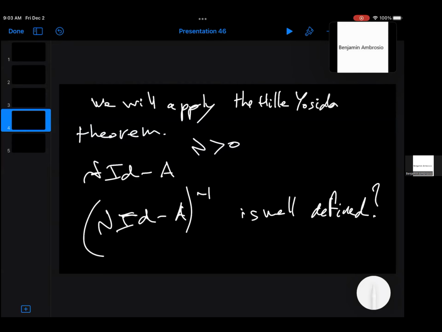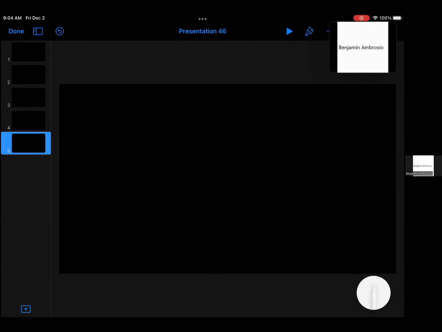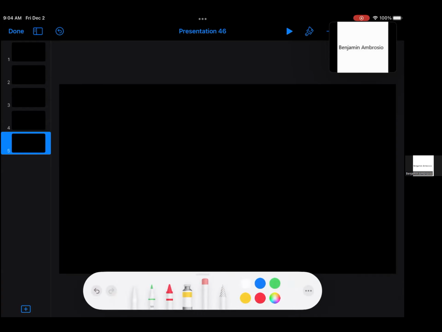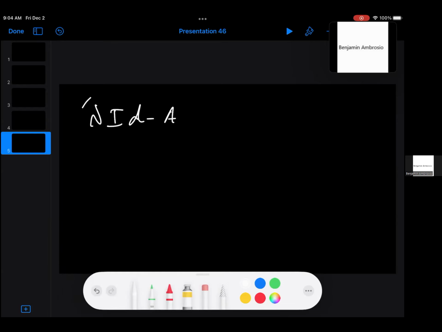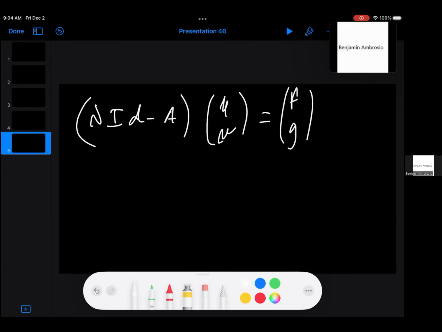By analogy with what we did for the heat equation, what we need to do first is to prove that the resolvent operator, (lambda identity minus A) inverse, is well defined on X. To do that, we look at (lambda identity minus A) applied to (u, v) equals, let's say, (f, g).